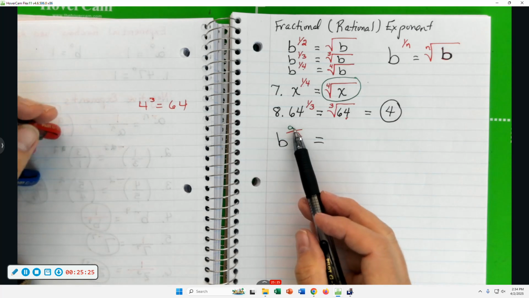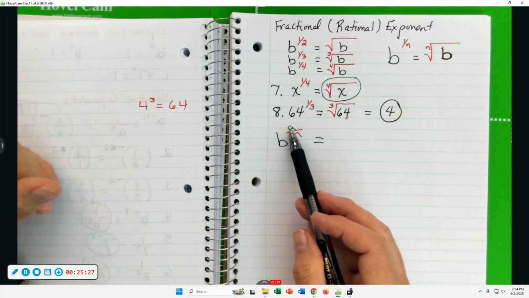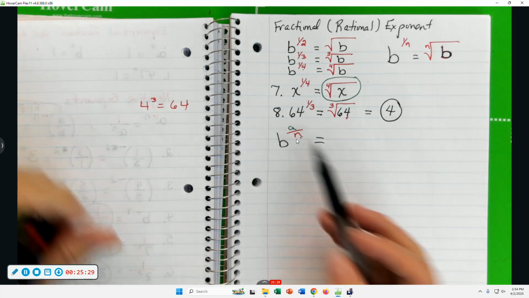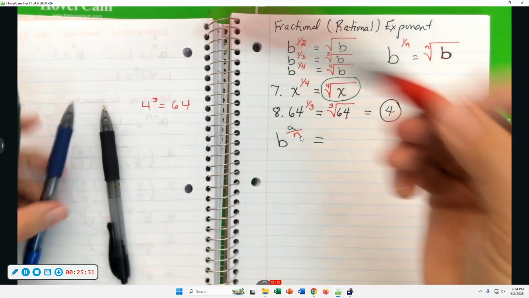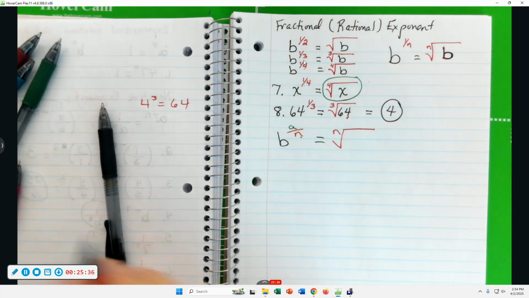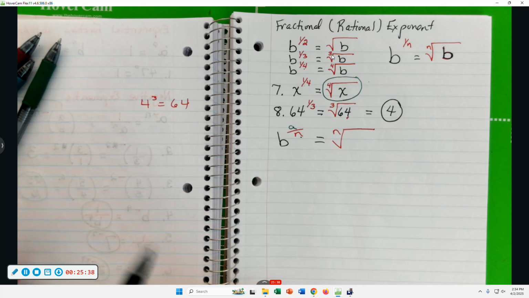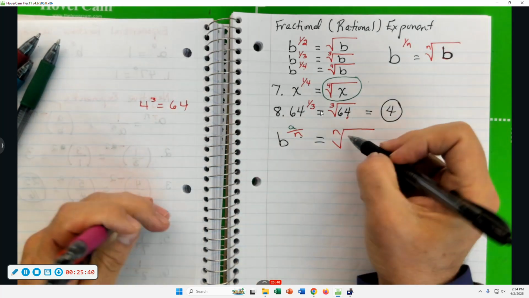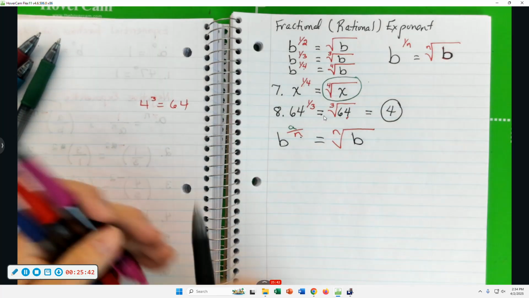You still have the nth root, and the number on the bottom is that root. The base b is what's underneath the radical.